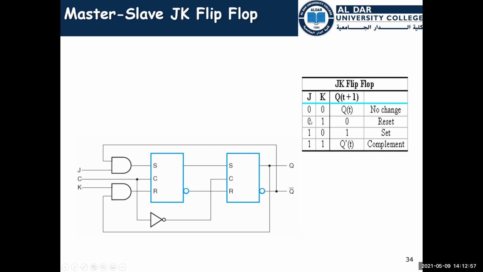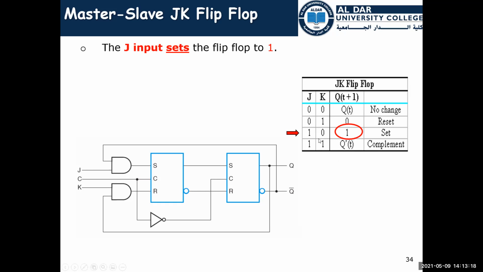And here we have J. This is the master input. So this means reset, and this means set. This is the characteristic table, or the truth table, of the flip-flop.